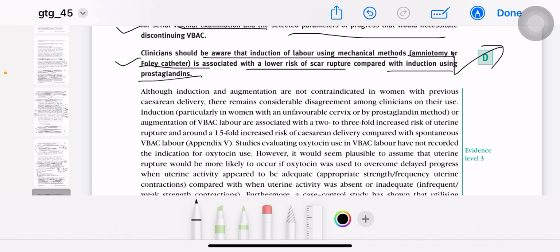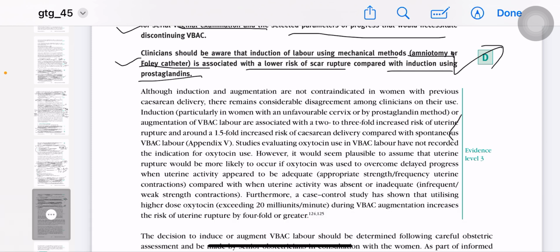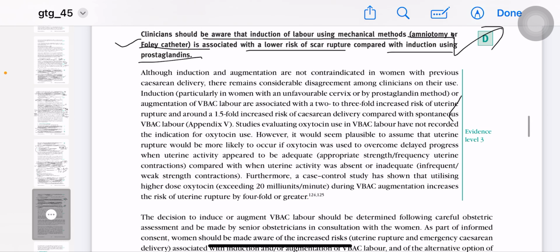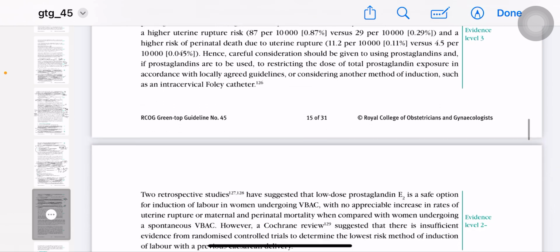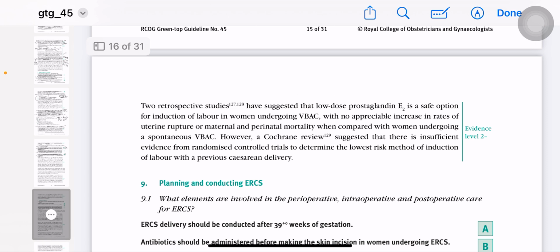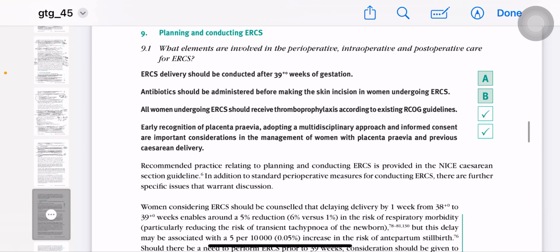So if you are planning induction of labor in a previous one cesarean section, the better option is amniotomy or Foley's catheter. Avoid prostaglandins because there is more chance of rupture with prostaglandin. So whenever an MCQ comes about a previous cesarean and induction of labor, you have to choose Foley's catheter.